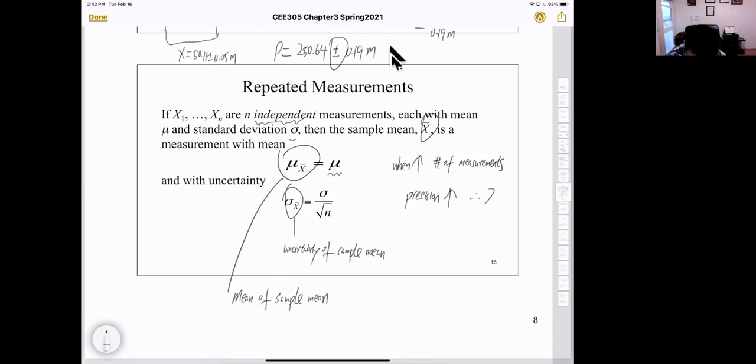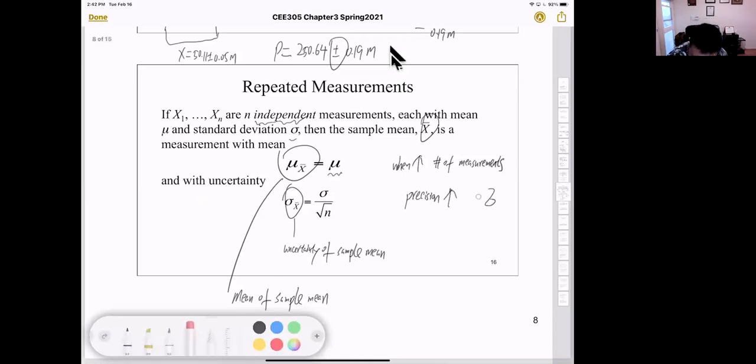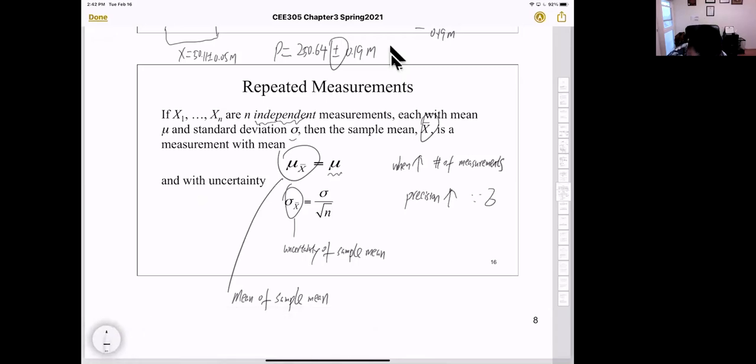Because the sigma goes down. We increase the number n, n becomes bigger, so the sigma becomes smaller. So we say that precision goes up. But the accuracy will not change.